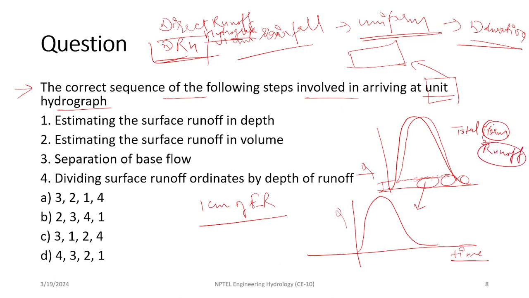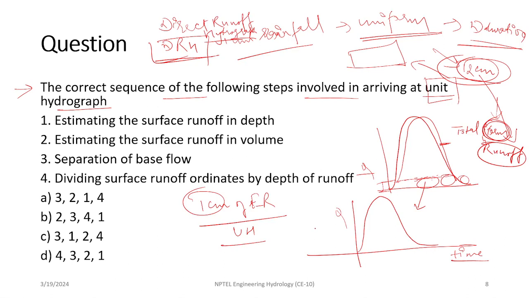This is generated from the total storm only. If there is a catchment and the total amount of rainfall coming is 12 centimeter, then for 12 centimeter you have got this graph. But what you want to plot is 1 centimeter, that is a unit hydrograph. So what should you do?